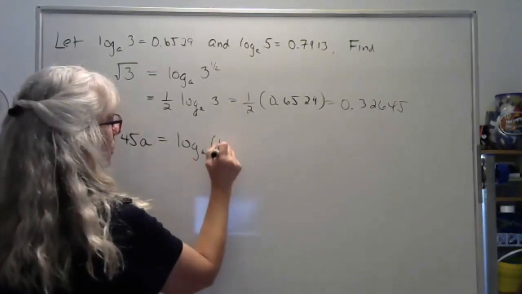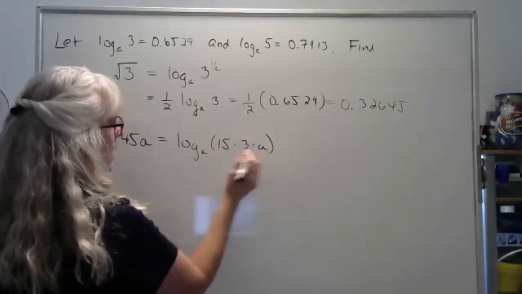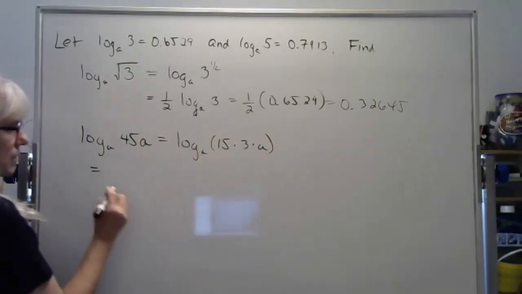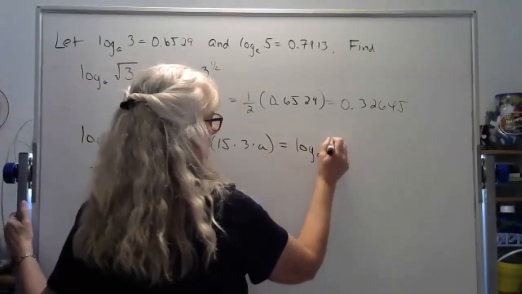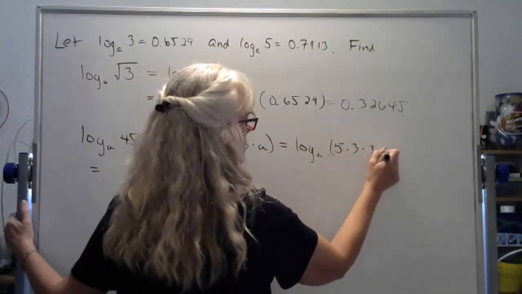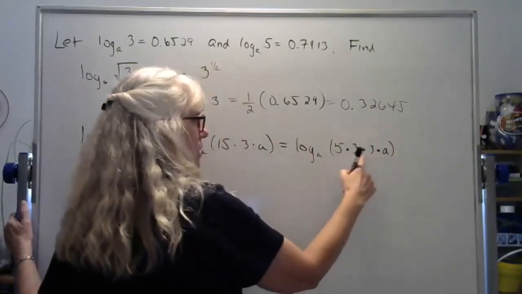Beautiful. So 15 times 3, and I'm going to put times the A so I don't lose that A that's sitting in there. Okay, and 15 is what? 5 times 3 times 3 times A. So when I break it down into its prime factorization, it's a 5, a 3, a 3, and an A.